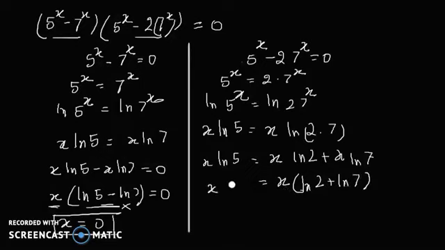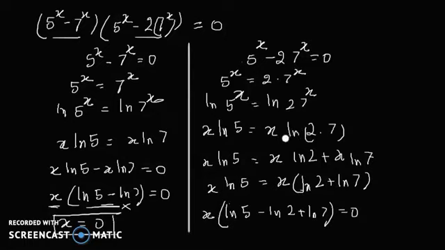and here we already have x ln 5, and bring it to the left hand side, so x ln 5 minus ln 2 plus ln 7 equal to 0. I just realized I made a small mistake here that I will have to correct first.